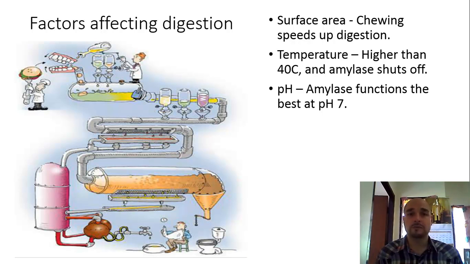And there are 3 factors that affect digestion: surface area, temperature, and pH. If you have the pizza and you swallow big pieces of the pizza, digestion is going to be slower. But if you chew your food and break it up into smaller pieces, then you're going to speed up digestion.